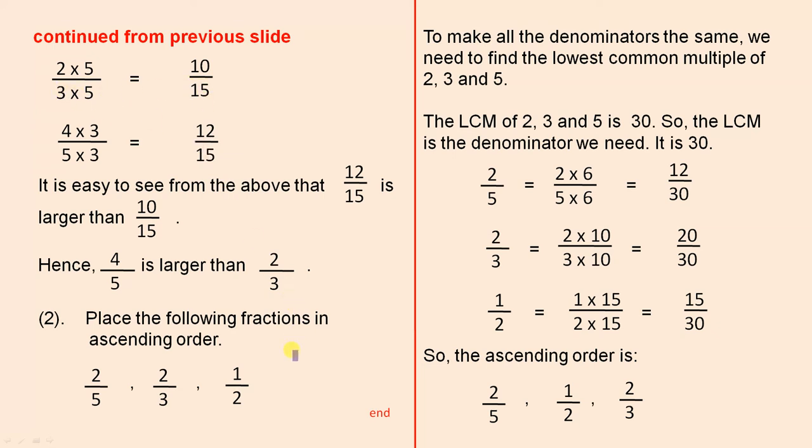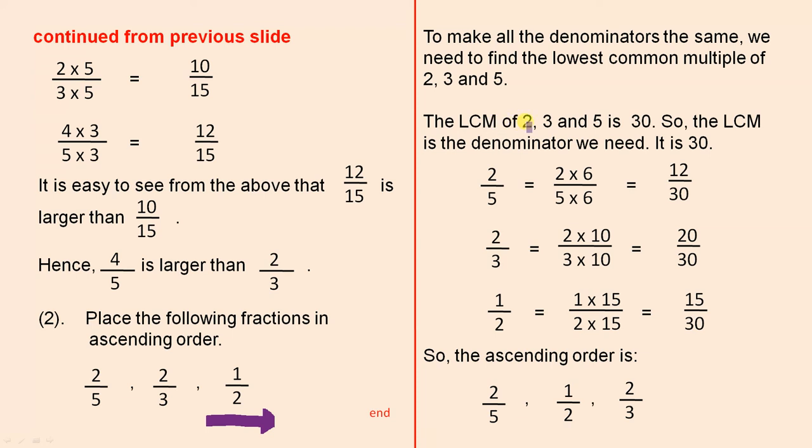Place the following fractions in ascending order. Ascending order means they go from left to right, from lowest to highest. To make all the denominators the same, we need to find the lowest common multiple of 2, 3 and 5. What's the lowest number that 2, 3 and 5 will divide into?